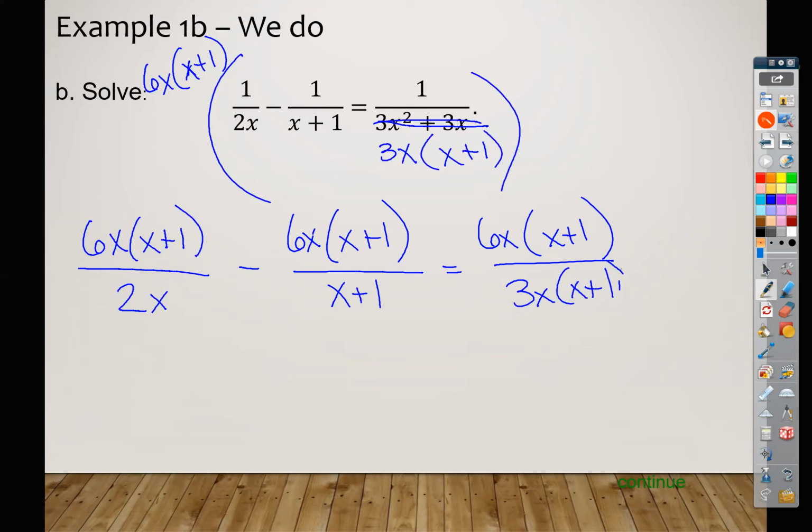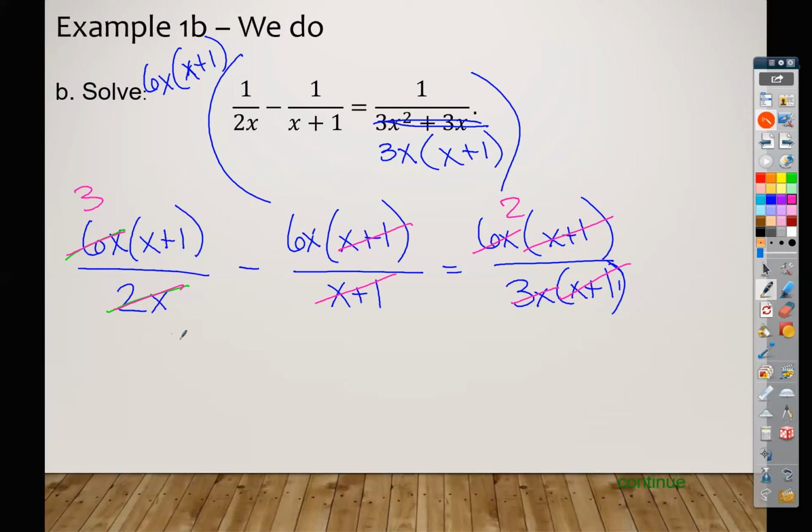And now we're going to simplify, okay? So we can simplify the 2x and the 6x, and that would be a 3, right? Because 2x can go into 6x 3 times. My x plus 1s would cancel out here and here. And then the 3x, that could be changed to a 2.